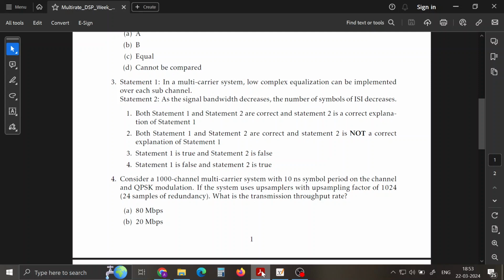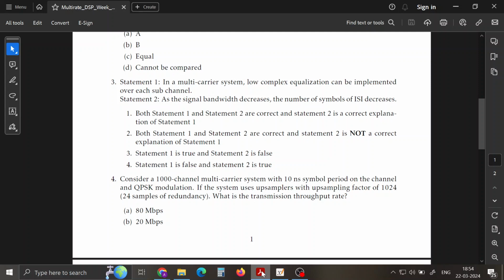Now if the system uses upsamplers with an upsampling factor of 1024, in the brackets it is mentioned 24 samples of redundancy. Why? Because originally you have an M equals 1000 channel multi-carrier system, but you're employing redundancy by introducing this upsampling factor of 1024. So this 1024 is greater than 1000.